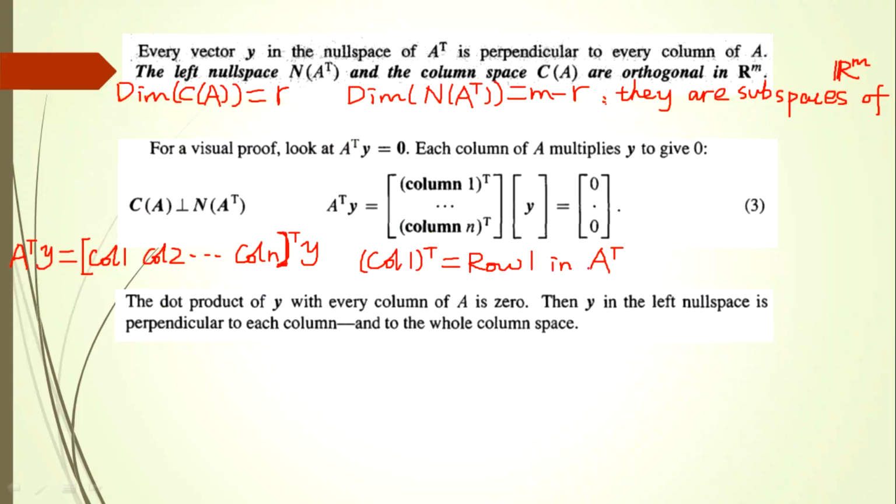So column i transpose times y gives 0, dot product 0.